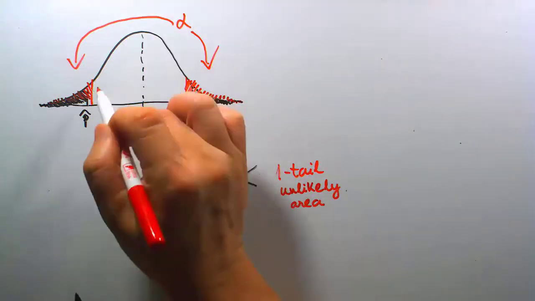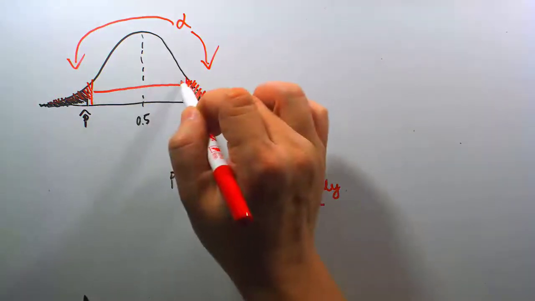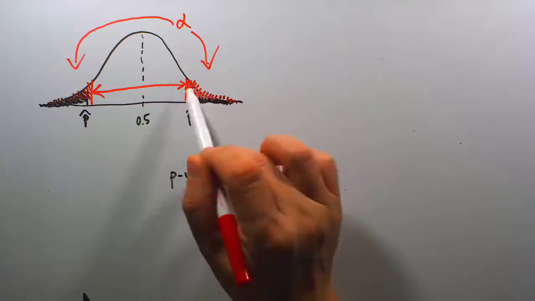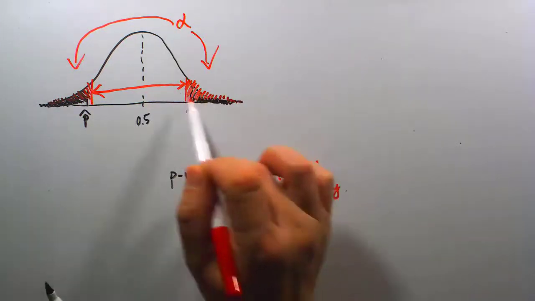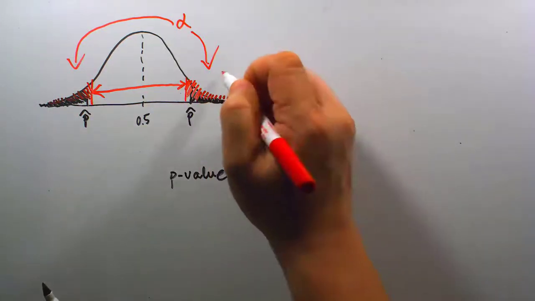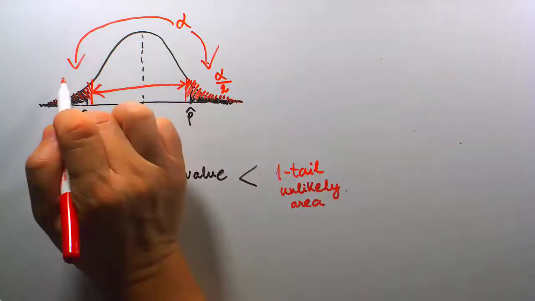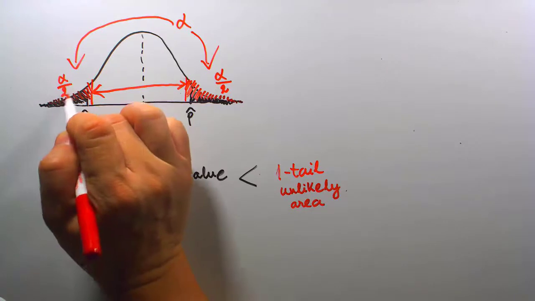The common area is in here between the two red areas. That's where we have the common area. And so that means each of the red tails on the left or on the right is only half of your actual significance level given as a two-tail significance level.